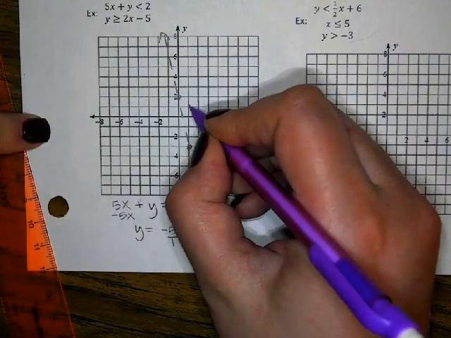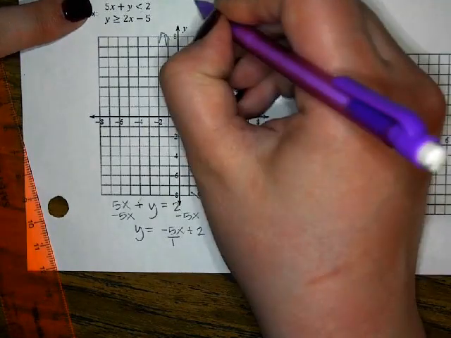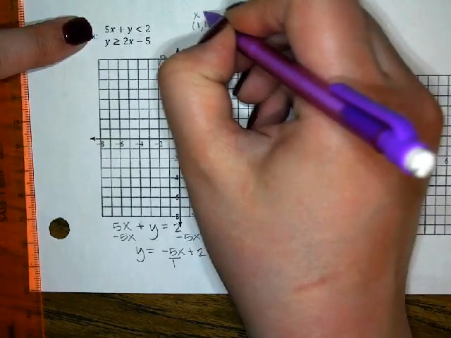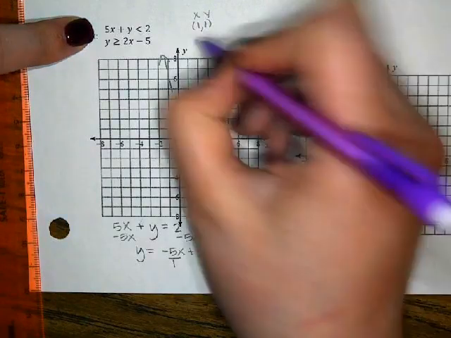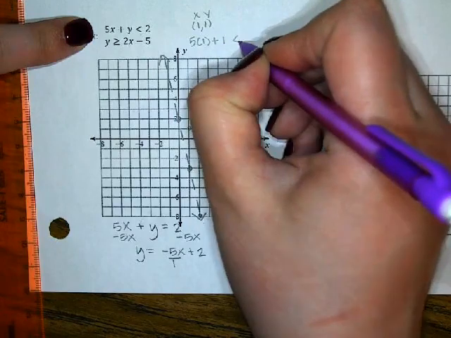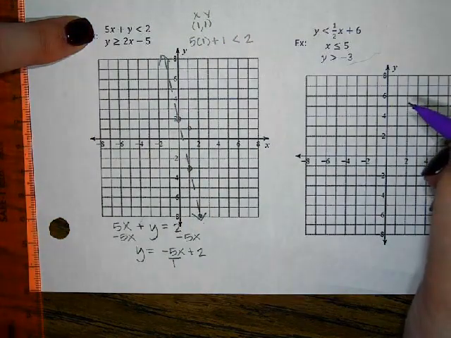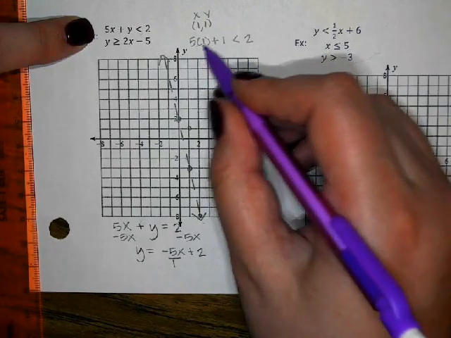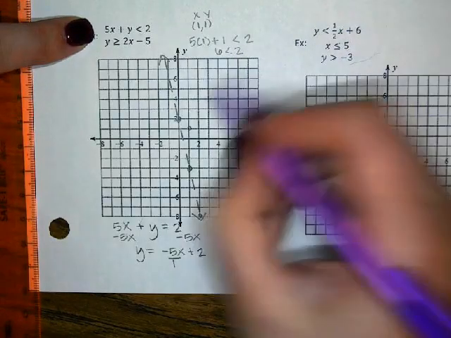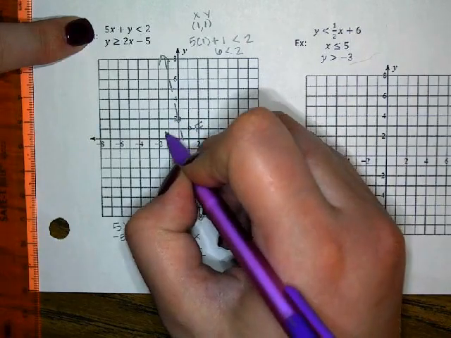So 1 for x, 1 for y. Five times 1 plus 1 is less than 2. Five plus 1 is 5, plus 1 is 6. 6 is less than 2. False. So if this side is false, the other side is true. So where should we shade? The true side, shade left.